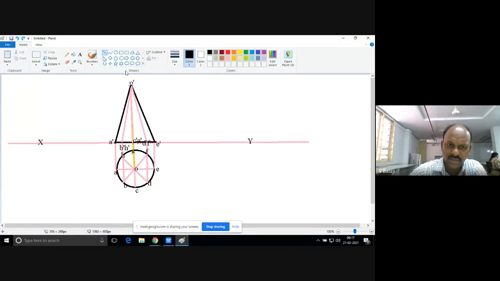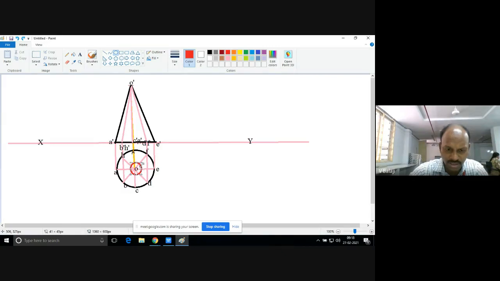For that, one simple procedure is to take one circle of radius 10. Draw the circle like this. You draw one circle from the center. Once again, I will draw. With O as center, radius how much?